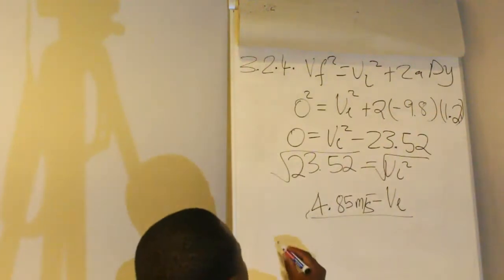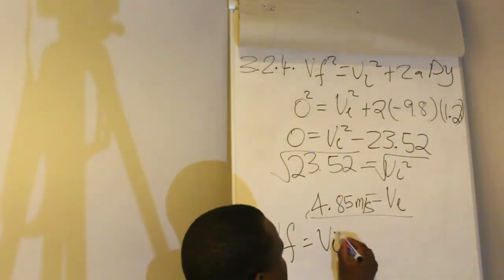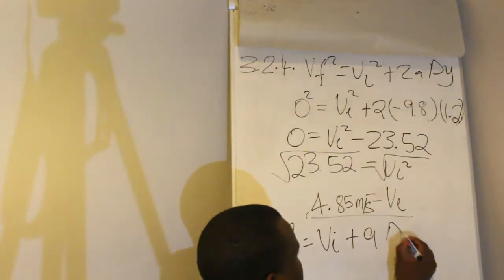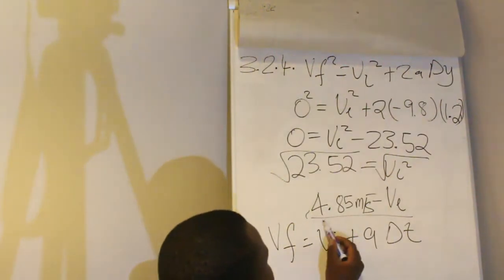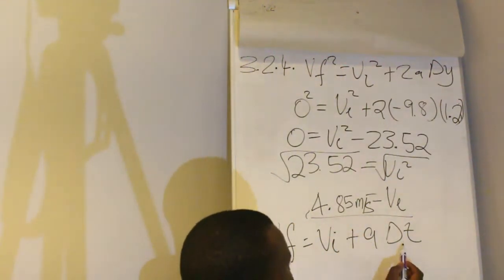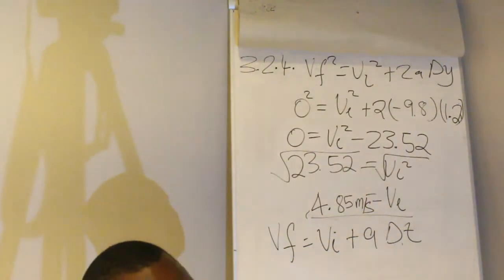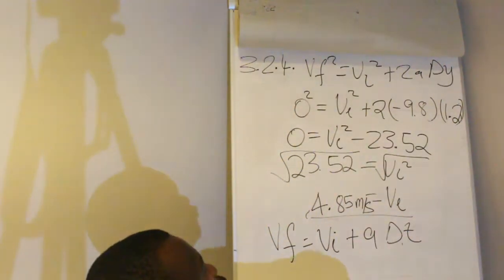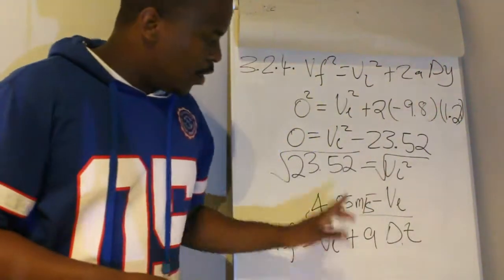So okay, Vf is equal to Vi plus a delta t. So we have the final velocity to be 0. We have the initial velocity. We want the time. So this is the time it takes to reach the maximum height. Once we find this time, we double it because we want it for the entire motion. So I will clean this.